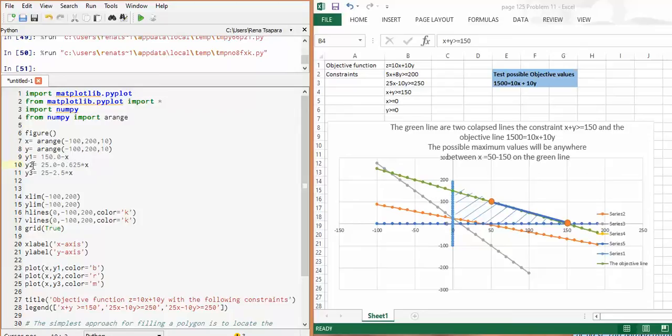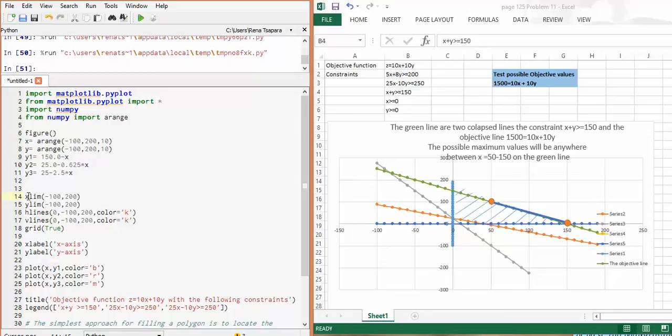We do the same for y2, the second constraint that we have, and we do the same for y3, the third constraint. The next step is to set up the limits on our actual graph in the figure that are going to be between negative 100 and 200.